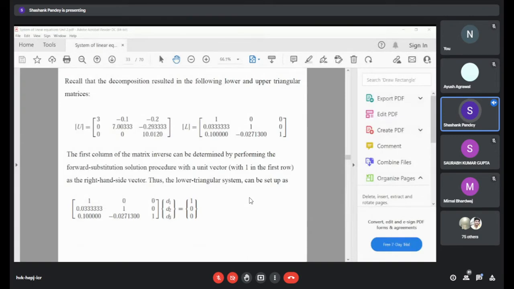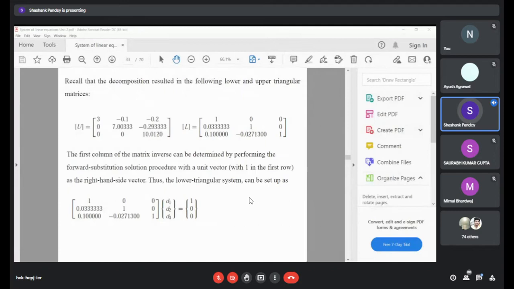What is the value of D1, D2, and D3? So D3 equals minus 0.099. Okay, so whatever your answer is, type it in the chat box: D1, D2, and D3. Let us see how many of you have calculated it correctly.